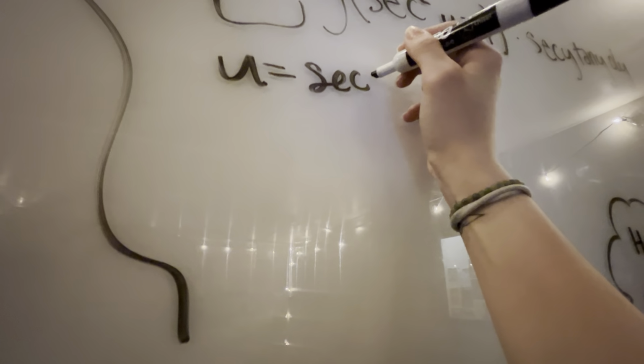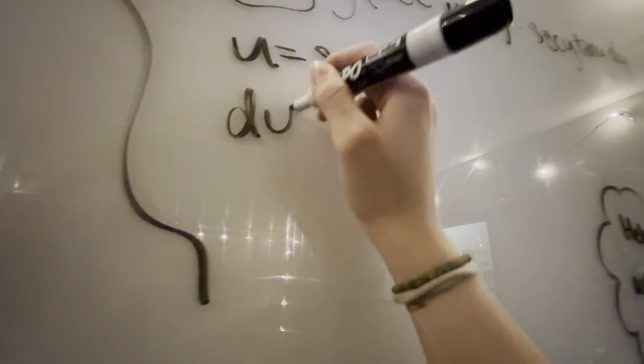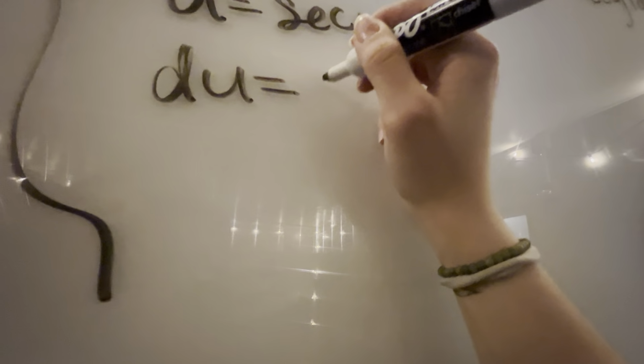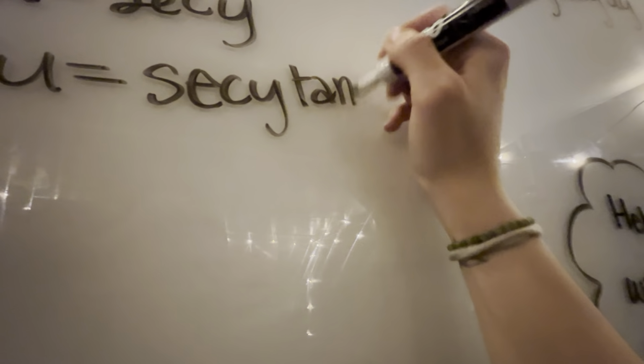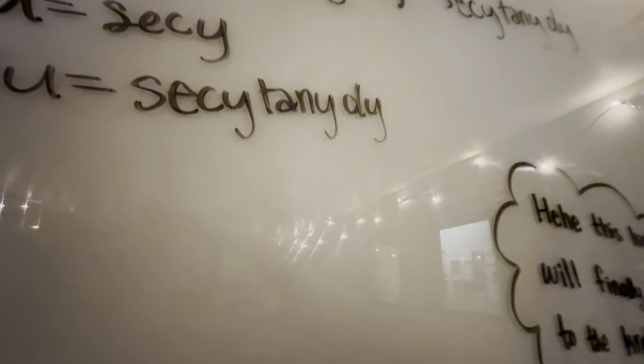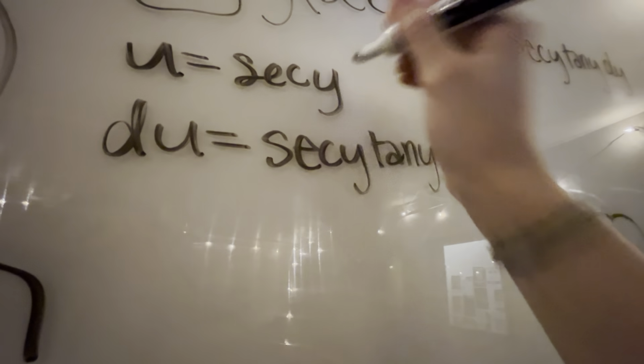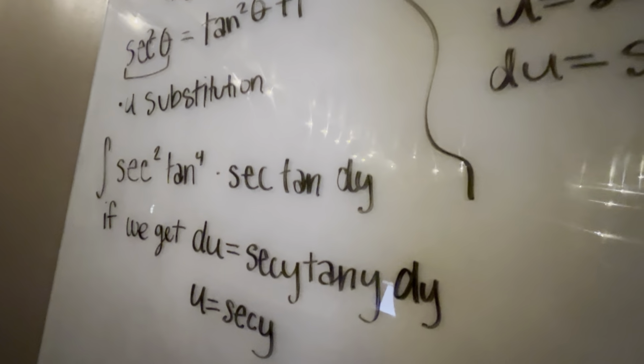So our u is secant, so we can do u equals secant y, du equals secant y tangent y dy, because when we derive secant, we get secant tangent. Okay, I'm gonna erase this over here so we have more space.